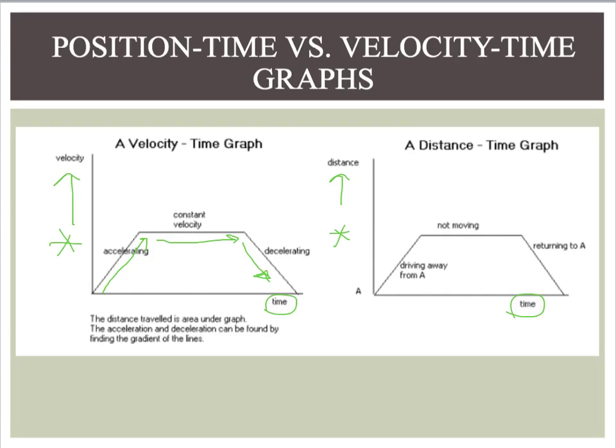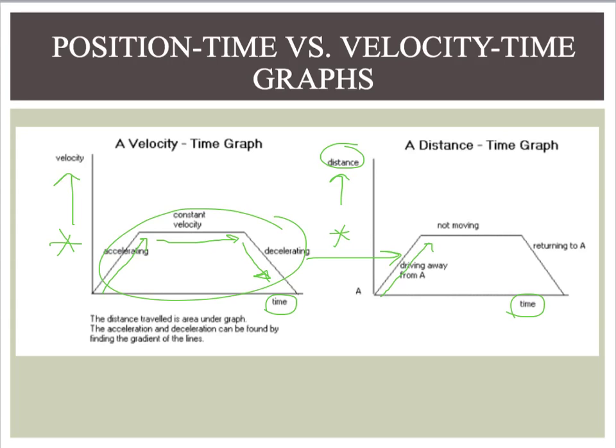Now if we look at the same shape of this graph but put it over here on this graph, you need to pay attention. This is distance. So now this means that I am leaving point A and I'm getting a certain distance away from this point. So say I'm at home and I realize that I don't have everything I need for dinner, so I need to go to the grocery store.